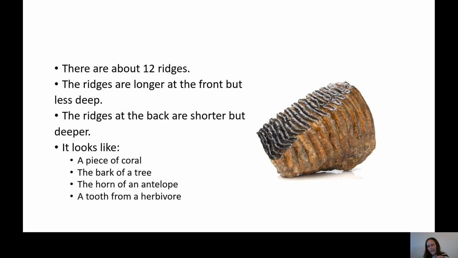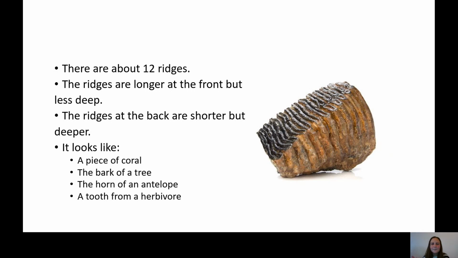So they're narrower, more shallow. Whilst at the back, the ridges are shorter, but much deeper. So the fossil goes much deeper. I was also looking at the colours of the fossil, and I can see that it's slightly darker on top where the ridges are, and down the side there's a browny yellow colour.